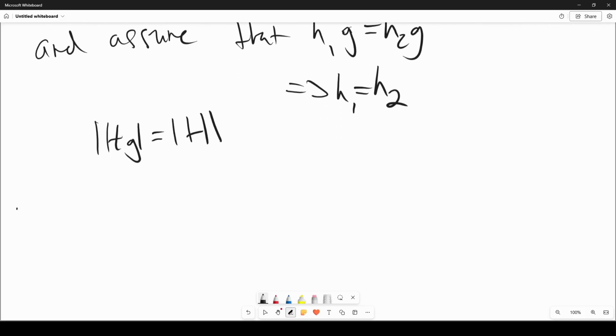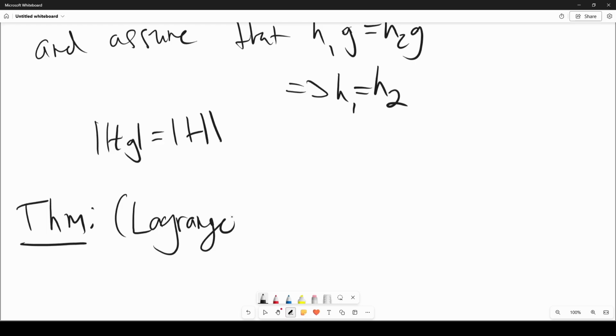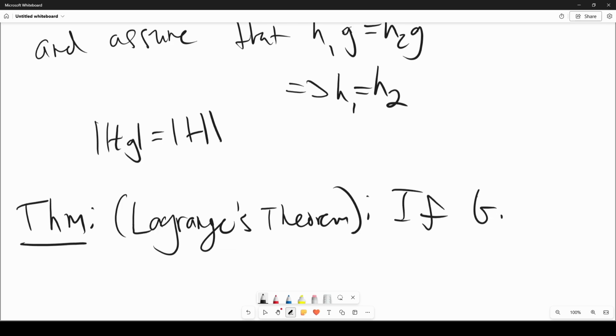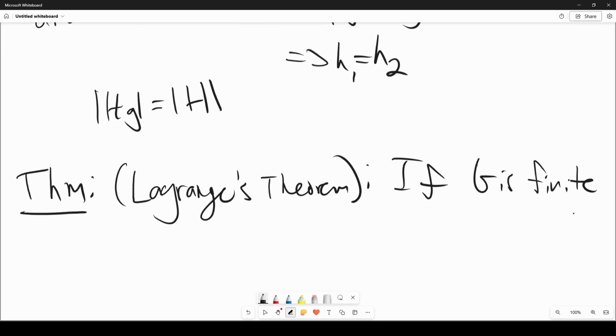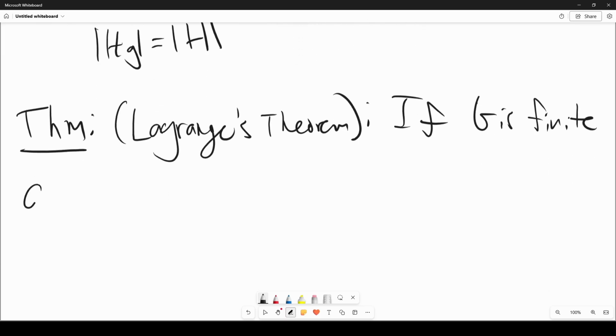Now we can finally prove the next main theorem, which is Lagrange's theorem. If G is finite, so I'm restricting this to finite groups, and a lot of the things I've proved thus far are really only the case for finite groups.